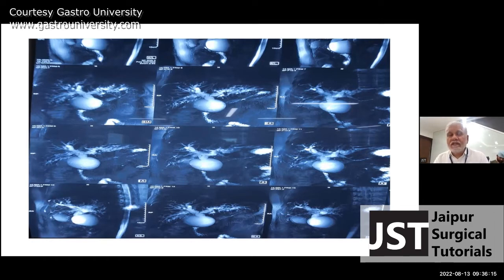Because if the pancreatic duct is joining the cystic dilatation, then obviously you will not attempt to completely excise the cyst, because in that process you will cause damage to the pancreatic duct. So it is very important to see the junction of the pancreatic duct, whether it is with the cyst or with the normal lower CBD.